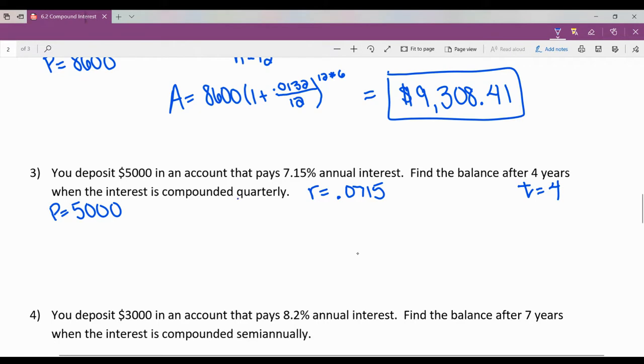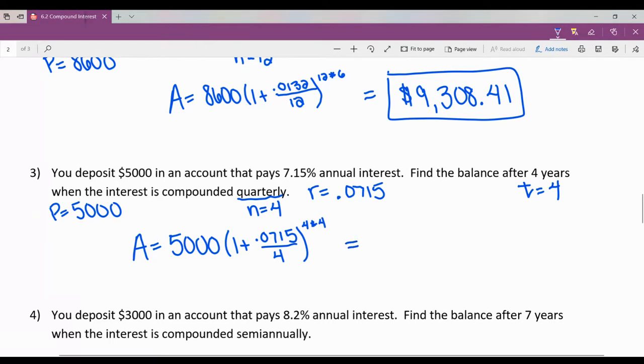If my interest is compounded quarterly, so my n is going to equal 4. So the amount in my account is going to equal my principal, my starting amount, $5,000, times 1 plus my r divided by my n, so 0.0715 divided by my n, which is 4, raised to the n times t, 4 times 4.